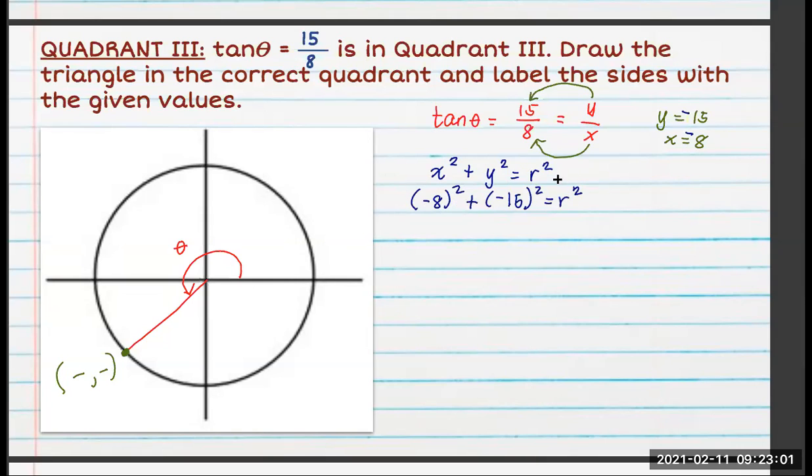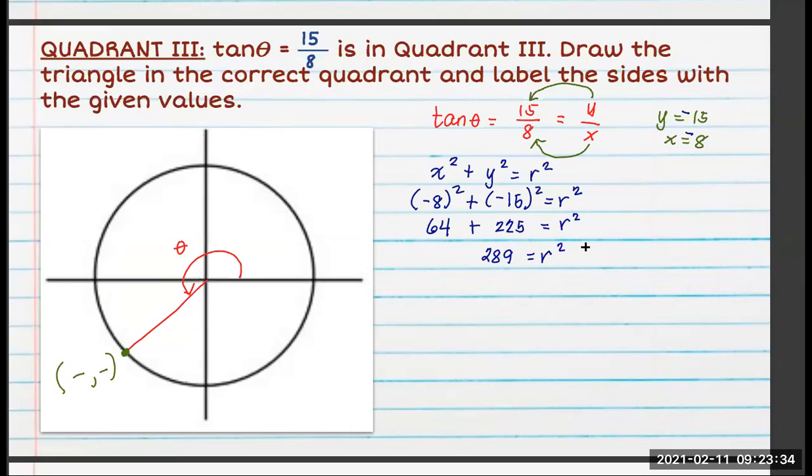What is negative 8 squared? 64, positive, right? The square of a negative is positive. What is the square of negative 15? 225, right? And then 64 plus 225 is 289, right?